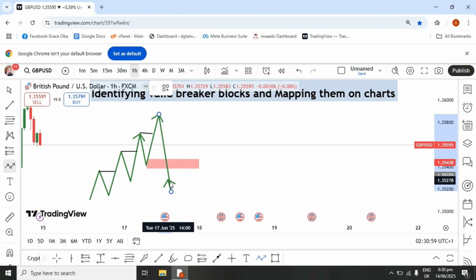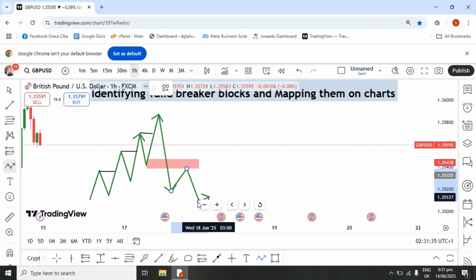This order block now failed to be an order block, and it's now turned into a breaker block, because the price broke through it, and when the price was retracing back into that position, it stopped here, then continued in the downward direction. So this is a breaker block.